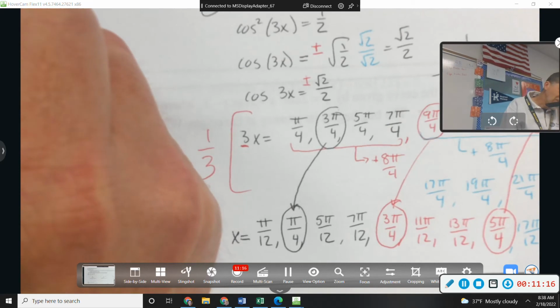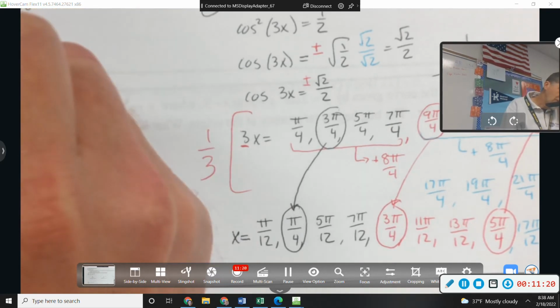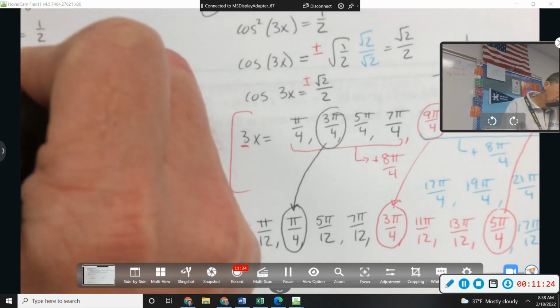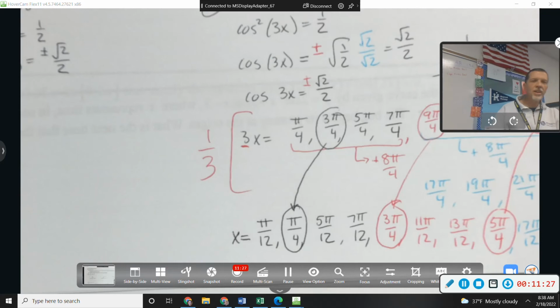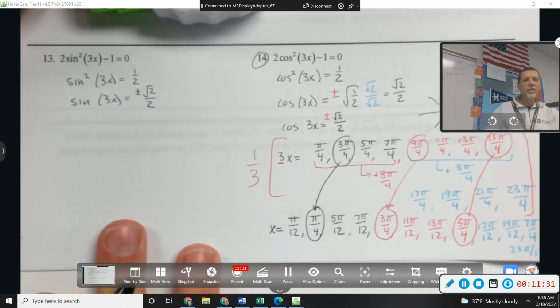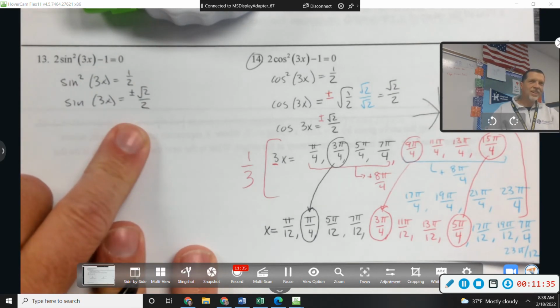On 13, it's going to kind of start the same way. Sine squared of 3x equals 1/2. So sine of 3x equals plus or minus root 2 over 2. Well, that's sine and cosine. It's basically the same, right?